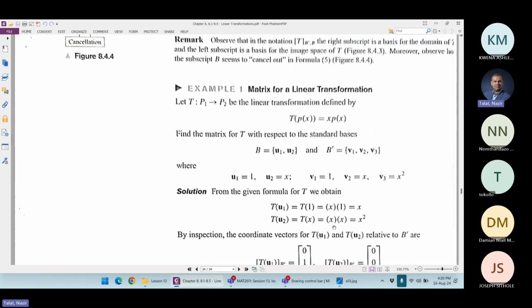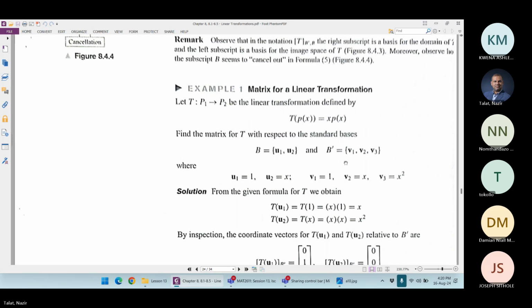If T is a linear transformation from P1, the space of all polynomials of degree 1, to P2, the space of all polynomials of degree 2, then we define this mapping as T(p(x)) equal to x times p(x). Then find the standard matrix of T with respect to the standard bases B and B star.